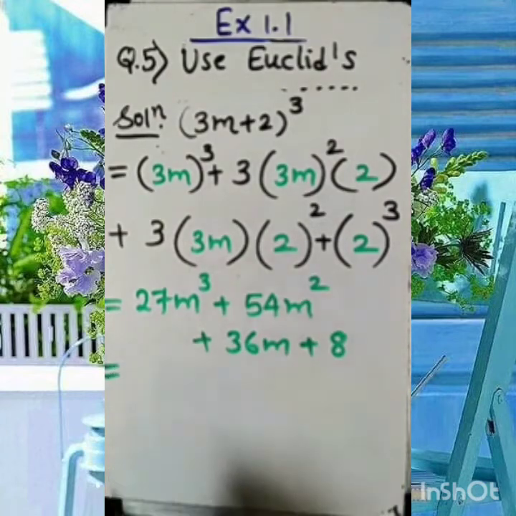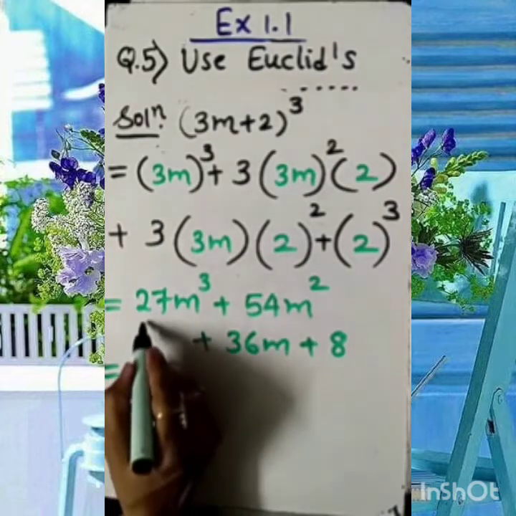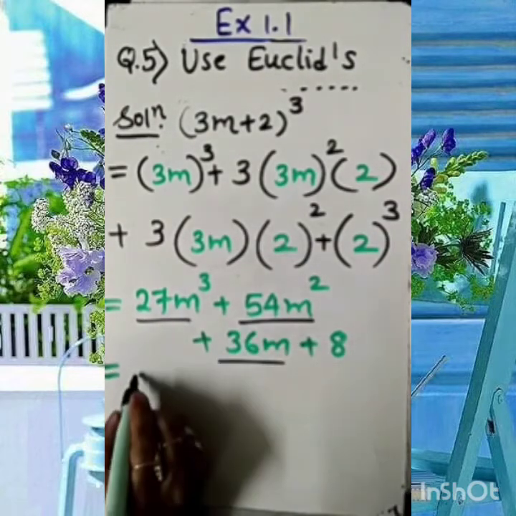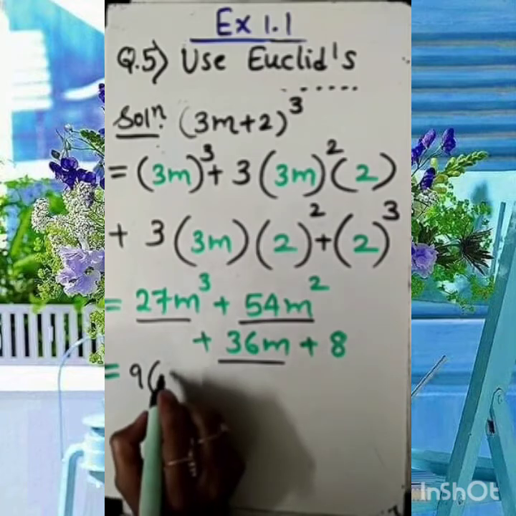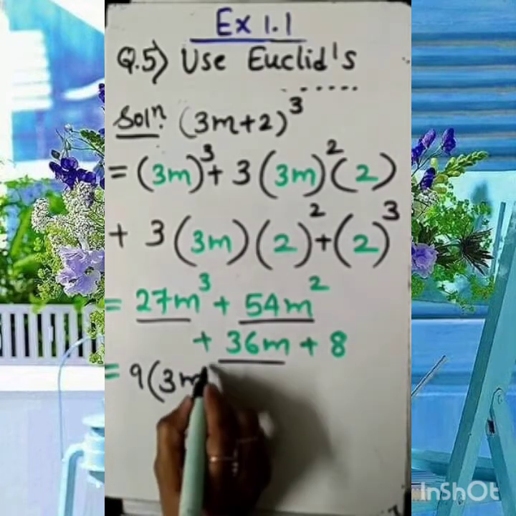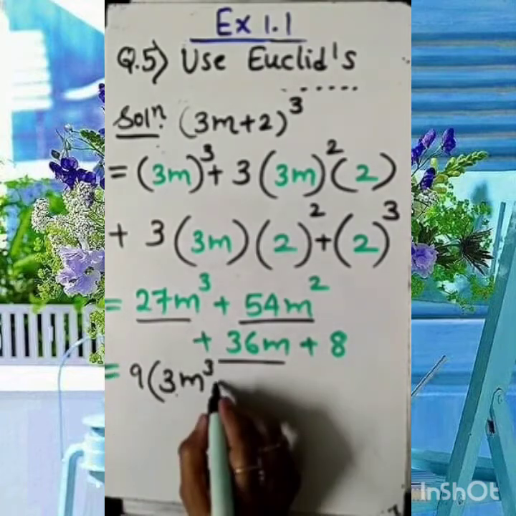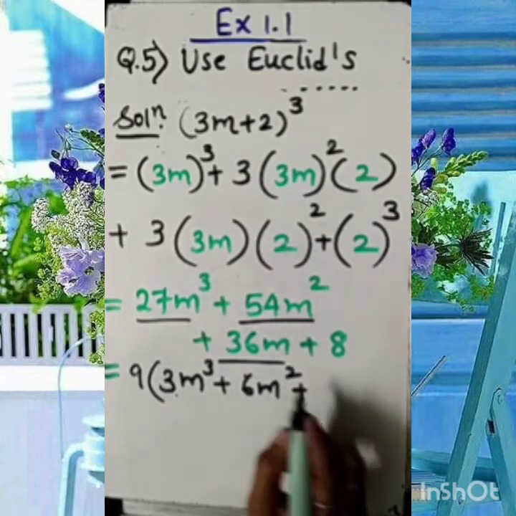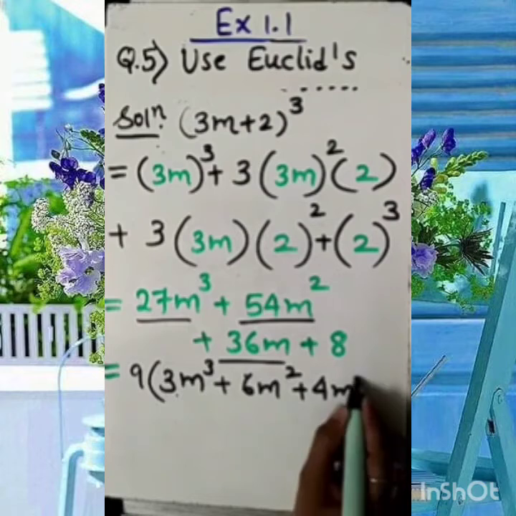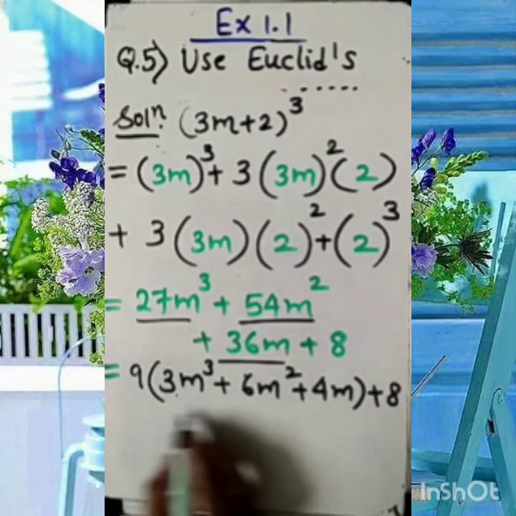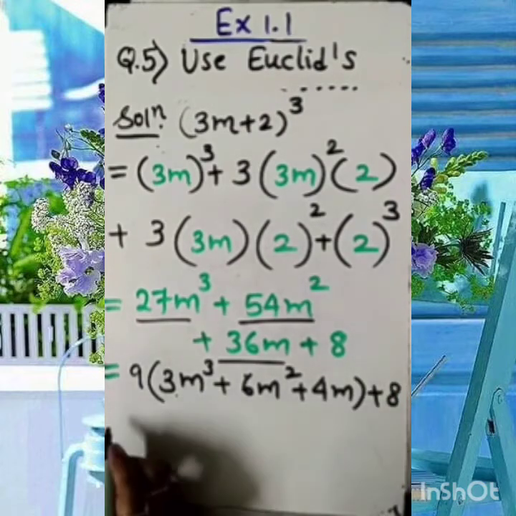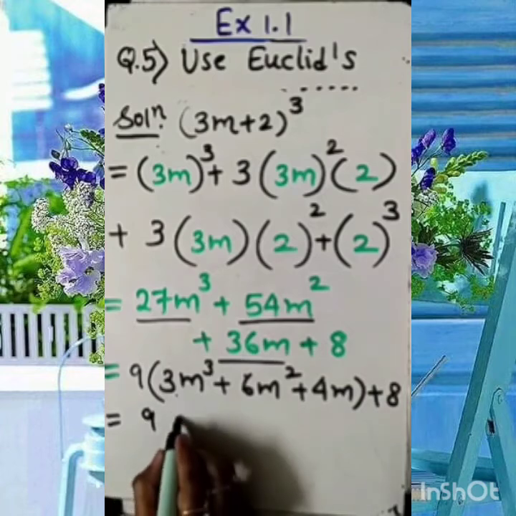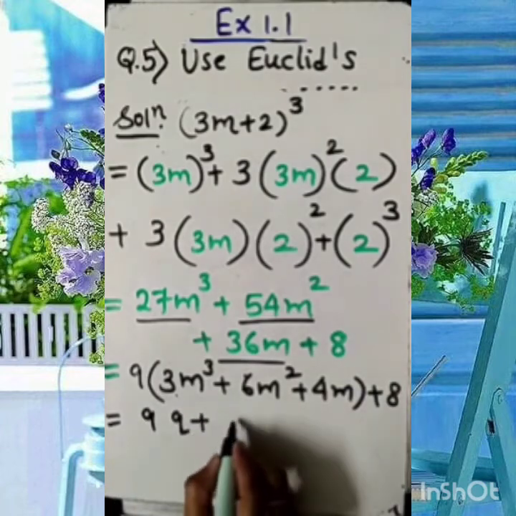So dear student, out of the first 3 terms, I am taking out 9 common. Then what will be left? If I take out 9 common, 9 3s are 27, 9 6s are 54 and 9 4s are 36. So this will be left. Now you can compare it with 9q plus 8.